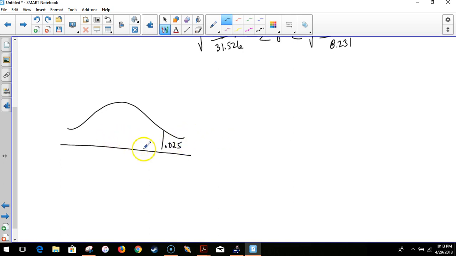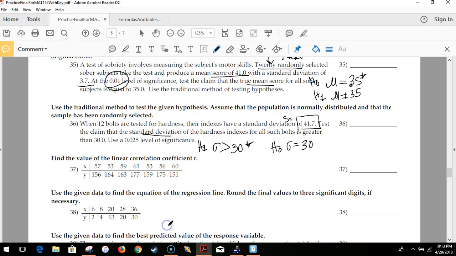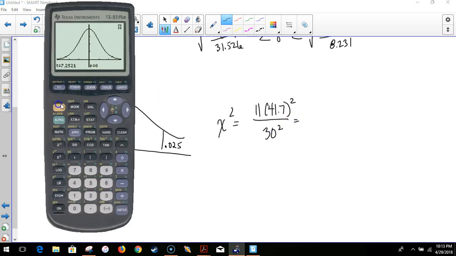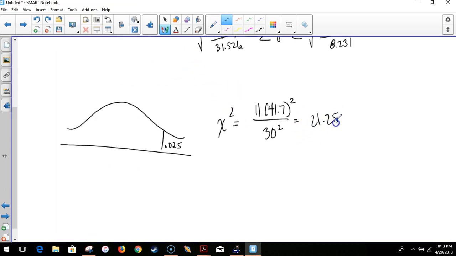And what I need to do is figure out what my test stat is. The test stat is my DF, which was 11, right? Yeah, 11, times my S squared, which was a 41.7, over my claim, which was 30 squared. And I'm going to need to figure out what this value is. 11 times 41.7 squared divided by 30 squared, which is 900. And I get a 21.25.